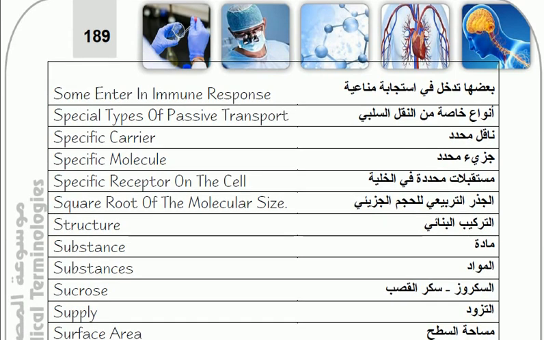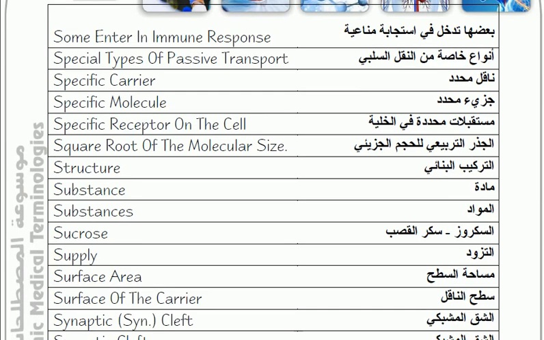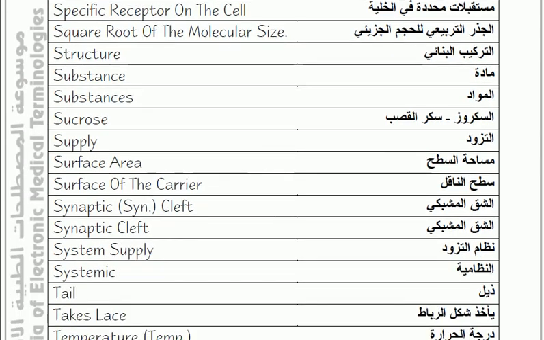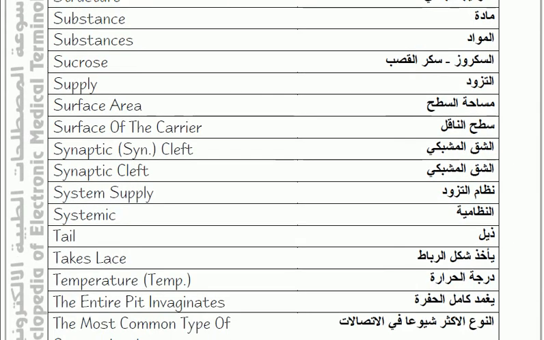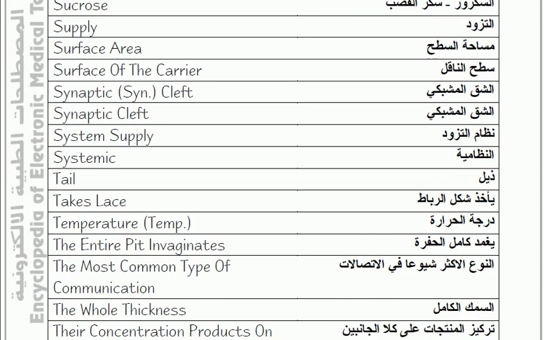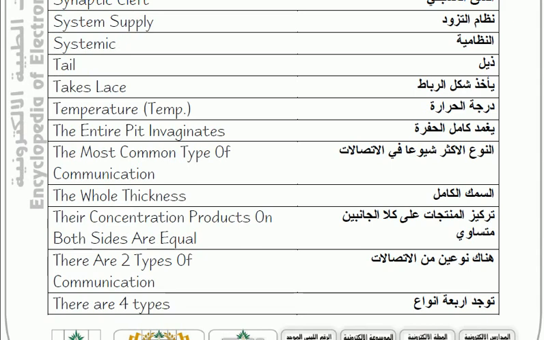Special types of passive transport. Specific carrier. Specific molecule. Specific receptor on the cell. Square root of the molecular size. Structure. Substances. Sucrose. Supply. Surface area. Surface of the carrier. Synaptic cleft. System supply. Systemic. Tail. Takes place.